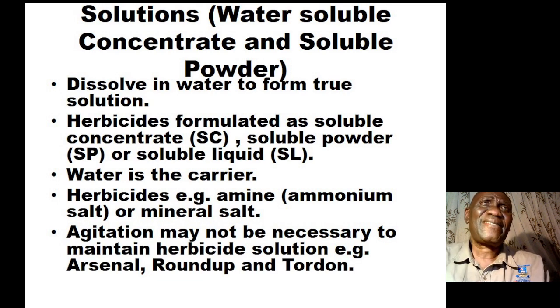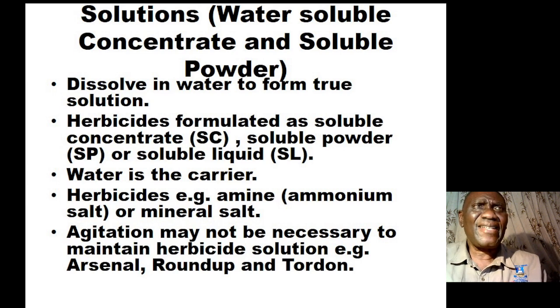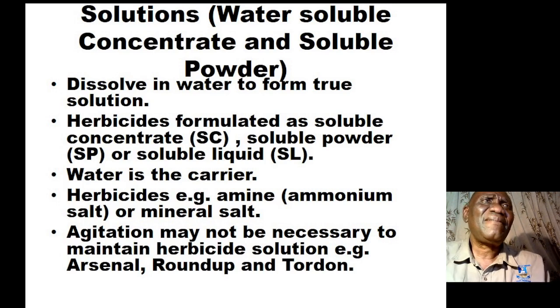So solutions, you have the formulation which can dissolve in water to form true solution. Herbicides or pesticides which are formulated as soluble concentrate can be formulated as soluble concentrate, soluble powder.